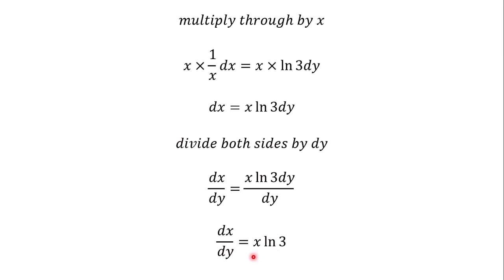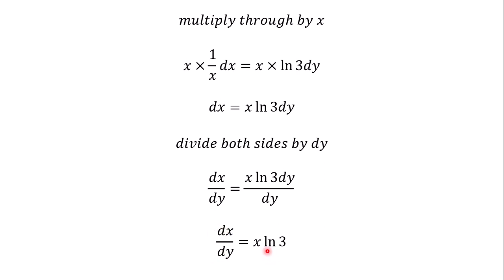Now, as I said earlier, we have to get dy over dx. But here we are having dx over dy. So what are we going to do? All that we are going to do is to reciprocate. By reciprocation, this one will come up here and this one will come down here.